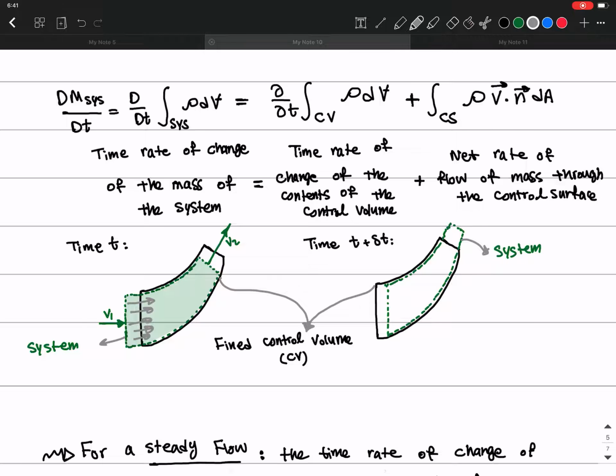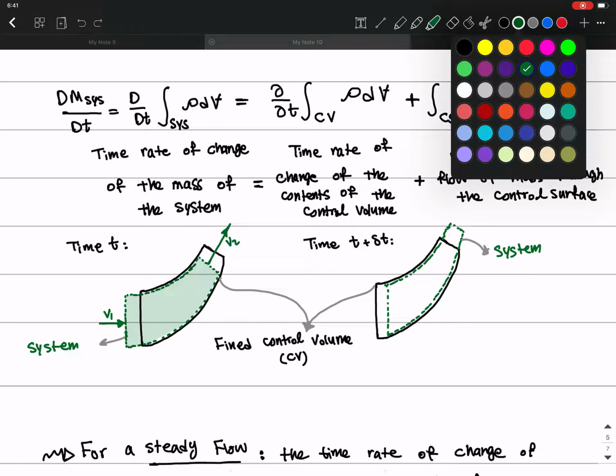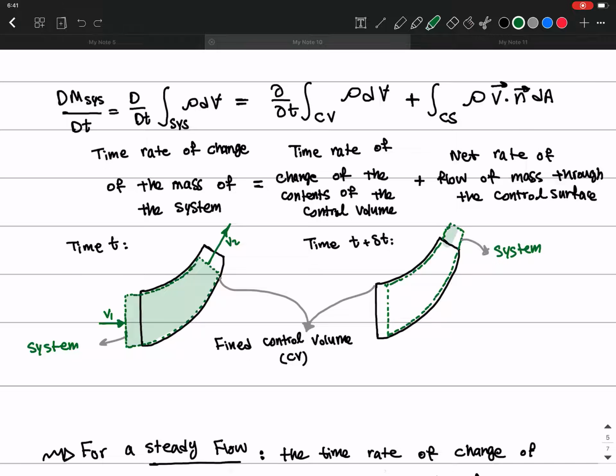So we also have to add that into the net rate of change of the mass of the system, okay? So this is how you can view the difference between the mass of the system and the control volume.